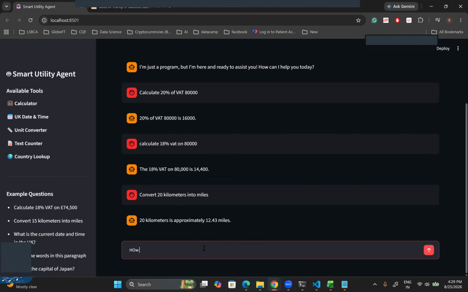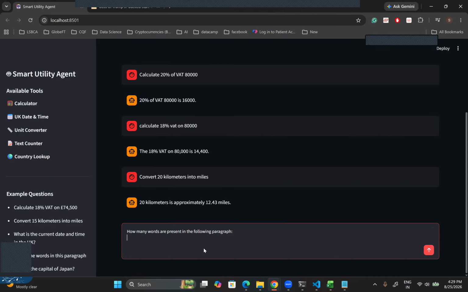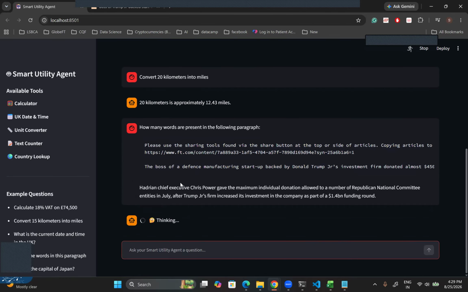Let me ask a question: how many words are present in the following paragraph? I'm just experimenting. Let's see. The paragraph contains 131 words. So the expected tool it called was the text counter, right? Text counter.